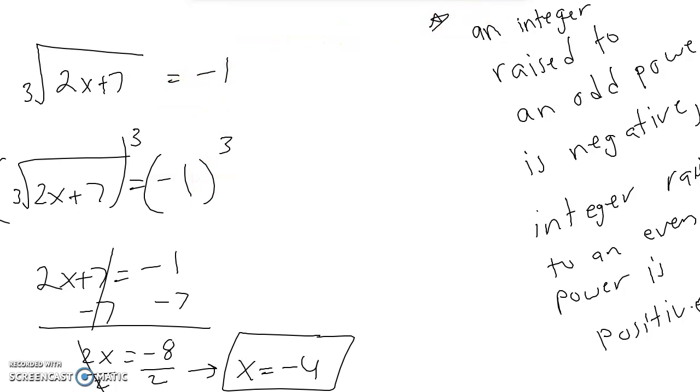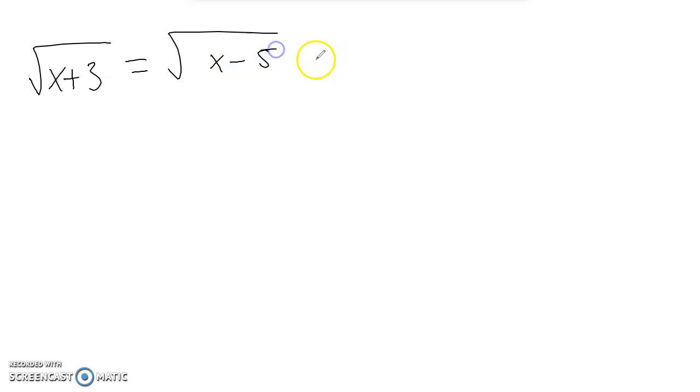Okay, let's go ahead and continue. We have the square root of x plus 3 equals the square root of x minus 5 plus 2 on the outside. Now, first step, isolate the square root.